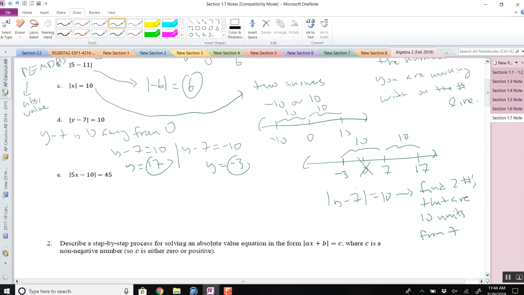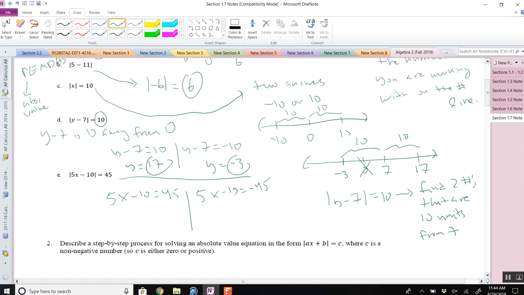So really, all we're doing is we're setting the expression inside the absolute value equal to the number that we see on the right side, and also equal to this negative counterpart because we can go the other direction. So once you see the pattern, you don't really have to think too hard about it. 5x minus 10 equals 45, or 5x minus 10 equals negative 45.